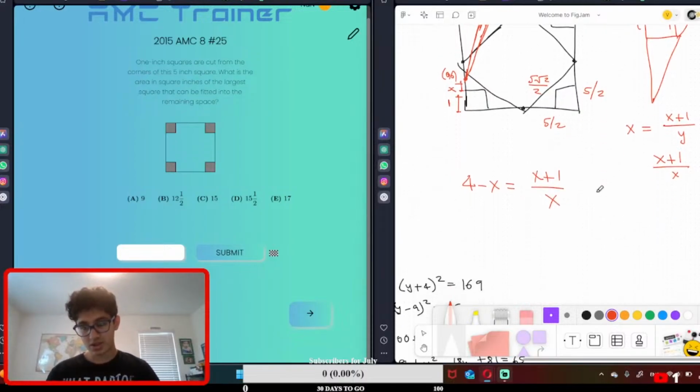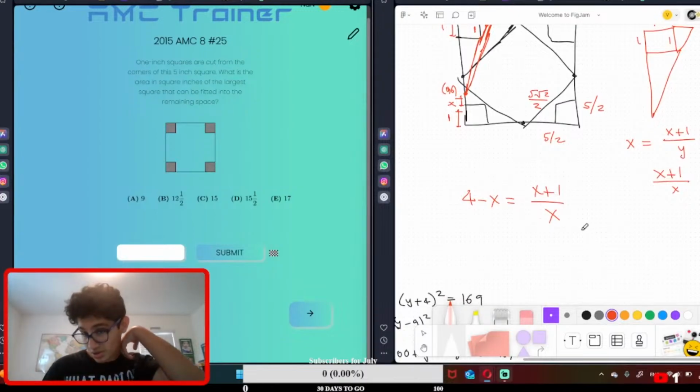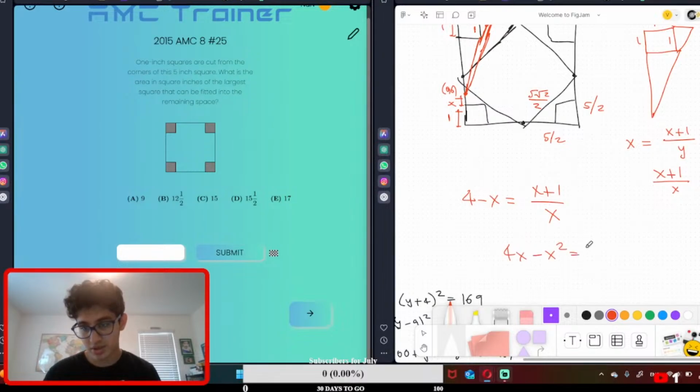And then I think we can just solve that and find the value from there. Basically solve for x and then figure it out from there. So we get 4x minus x squared equals x plus 1. If you get x squared minus 3x plus 1 equals 0, it looks a bit messy.